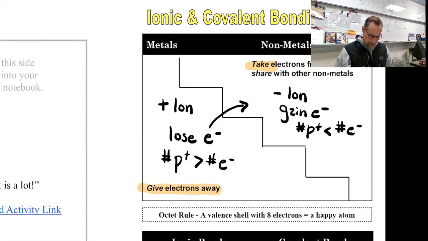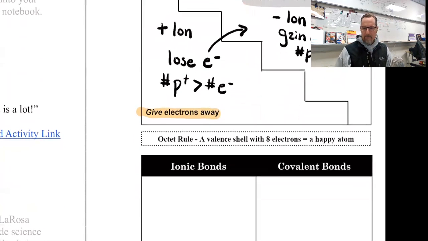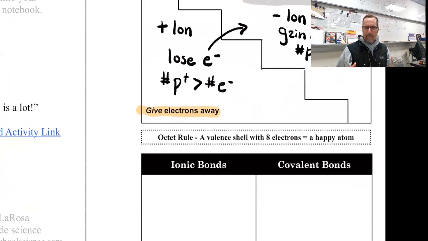And another thing that those nonmetals can do is share their electrons with other nonmetals, and that's what a covalent bond is. Now, they're all trying to do the same thing. They're all trying to get stable, and the way that they get stable is to follow that octet rule.